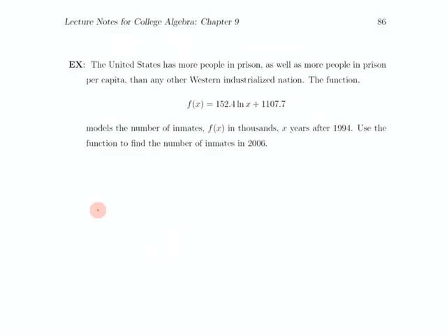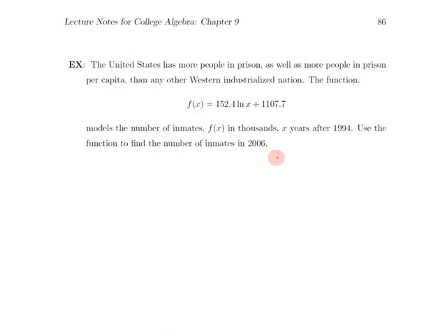The United States has more people in prison, as well as more people in prison per capita, than any other Western industrialized nation. The function f of x equals 152.4 natural log of x plus 1107.7 models the number of inmates f of x in thousands x years after 1994.